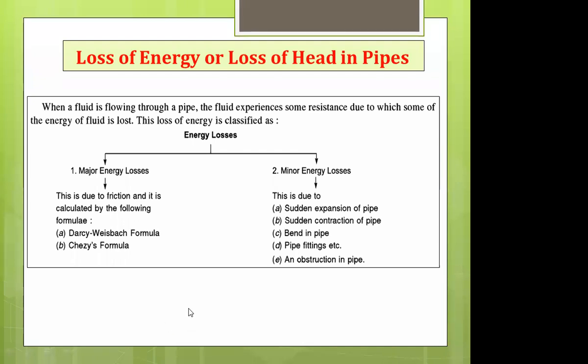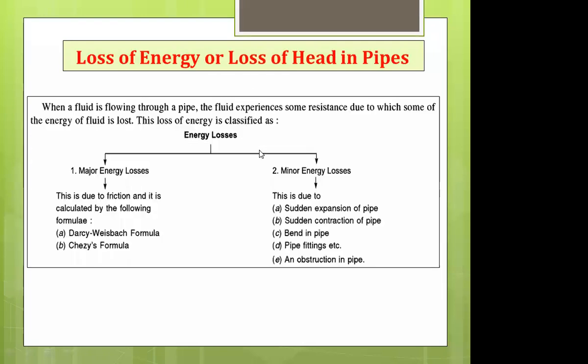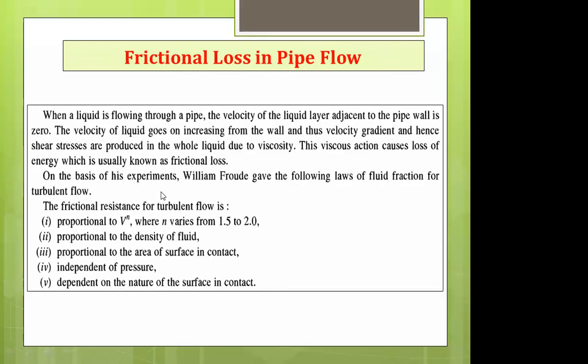हे आपण नंतर बघणार आहोत detail मध्ये. आपण एक एक point या ठिकाणी बघूया. First या ठिकाणी major loss किंवा frictional loss in the pipe flow. Write on this title. Major loss or frictional loss. Why this occurs?